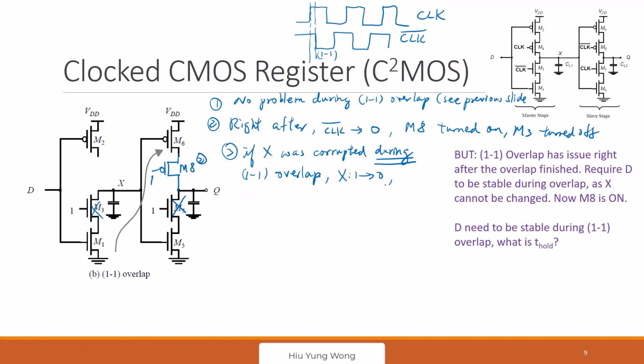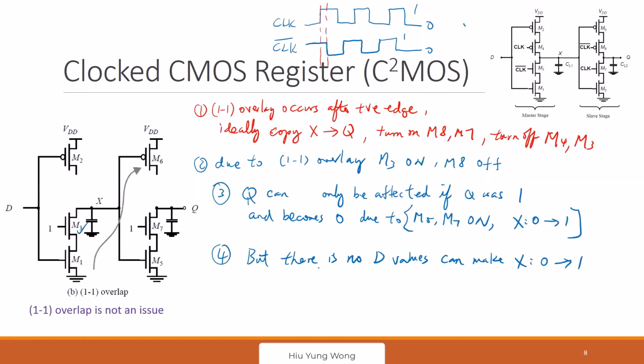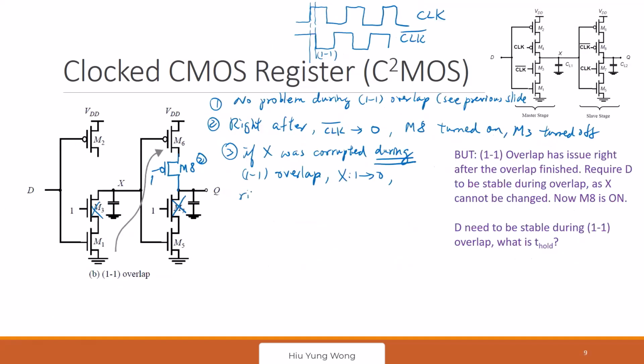Okay, then right after 1-1 overlap, right after, because X becomes 0, it will turn on M6 and charge Q from 0 to 1.